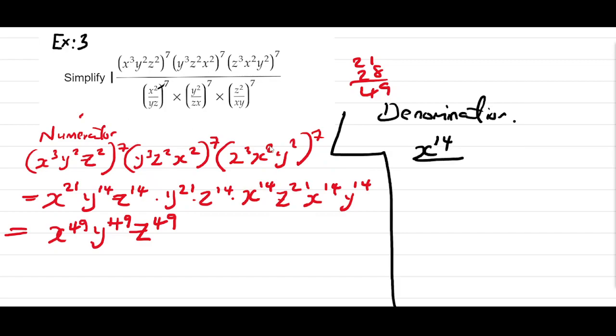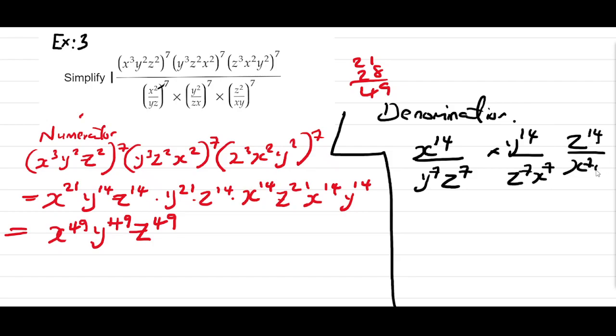And then we will have y to the 7th and z to the 7. Likewise here, y to the 14, then z to the 7, x to the 7, and then z to the 14 power, x to the 7, y to the 7 power.